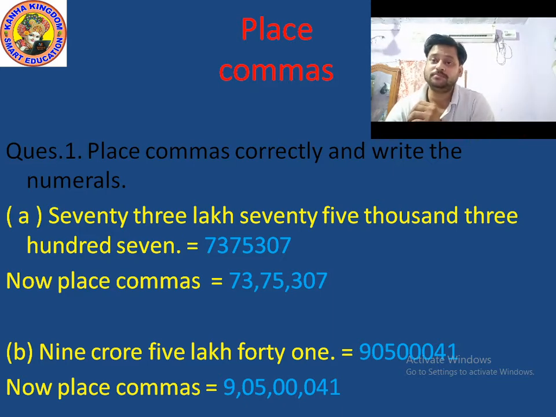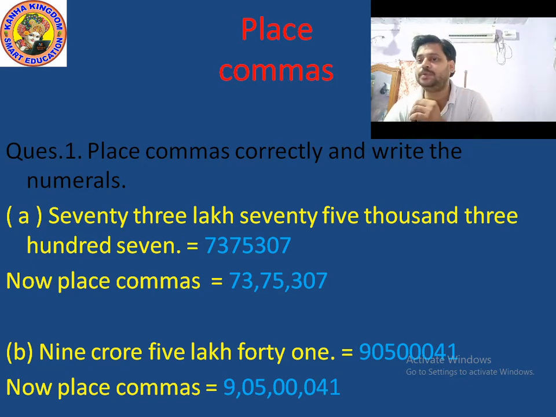Now after 41, 5 lakhs means 5 in lakhs place. It means after 4, no digit in hundreds place. You all know the ones period has only 3 place values, and after completing the ones period we move to the thousand period.